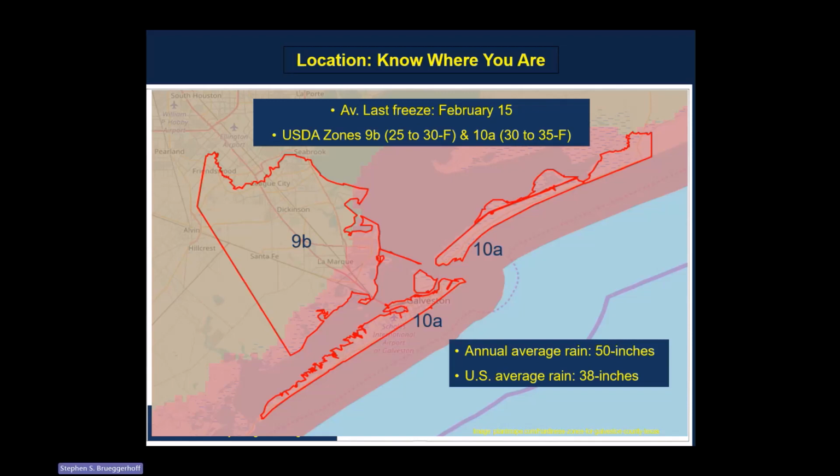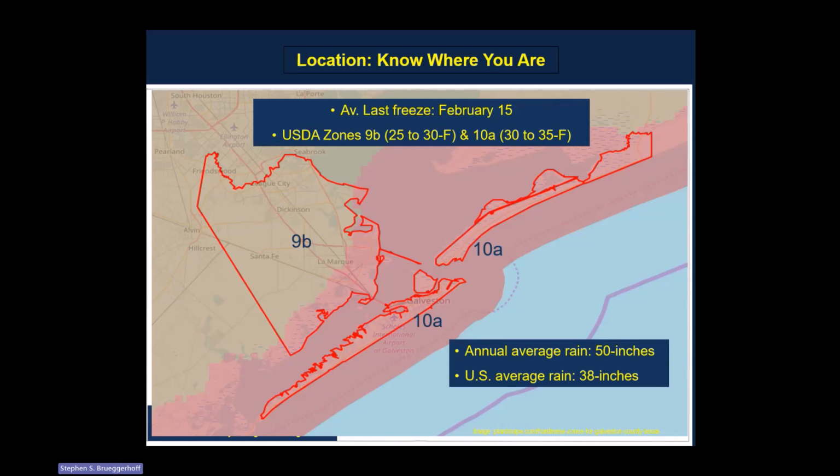And currently, the data collected indicates that we are becoming just slightly warmer in our area. So we've been bumped up about 5 degrees. The majority of Galveston County now, except for those crinkly little bits around the bays, we are now in zone 9B, which means potentially we could get a cold snap anywhere between 25 to 30 degrees Fahrenheit.